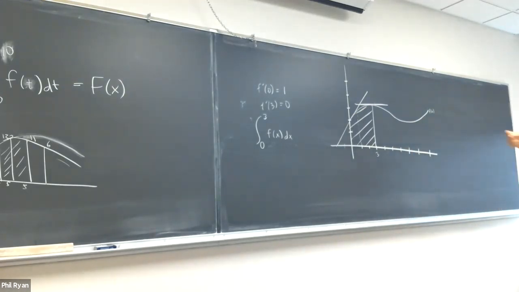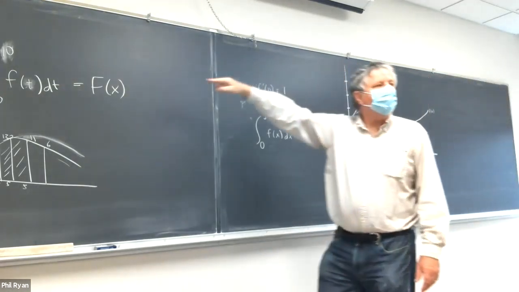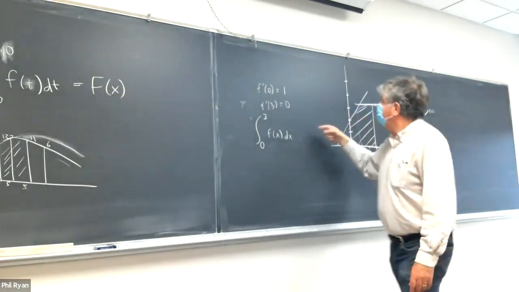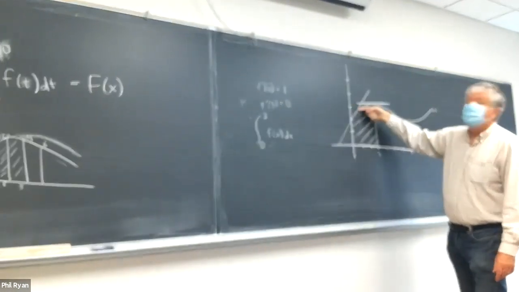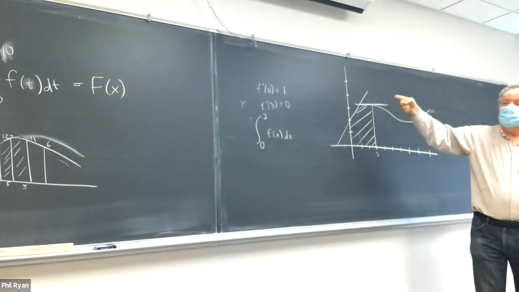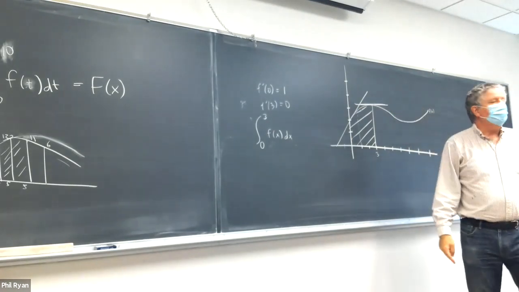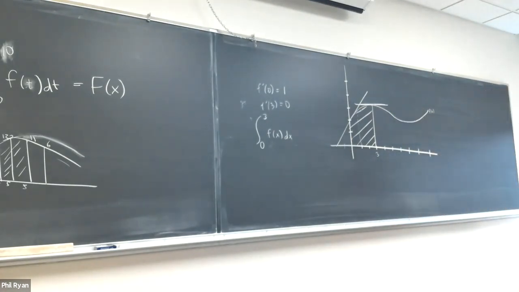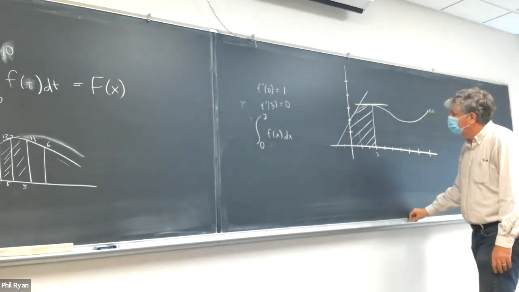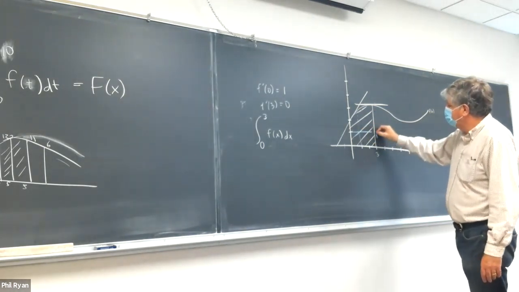One thing you can do is turn it into a numerical problem: figure out what those values are and do the same thing you did over there. Or you could just start counting squares.